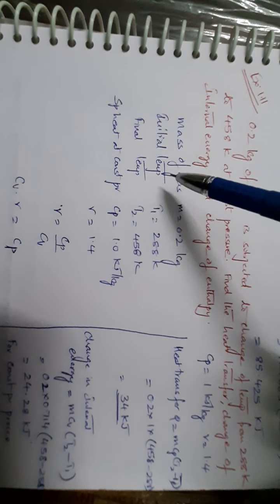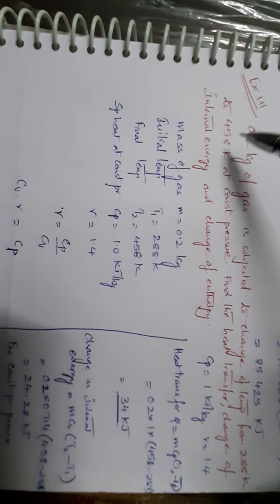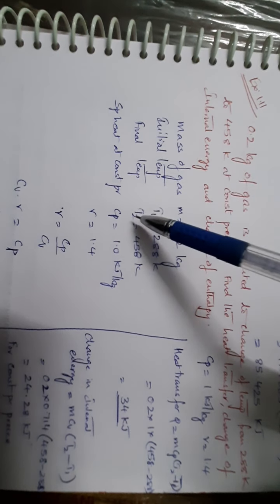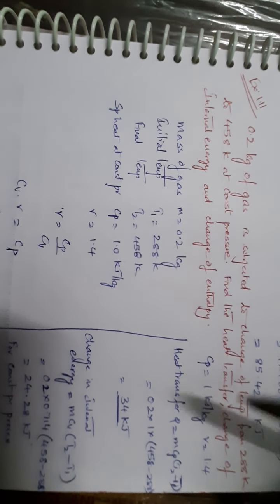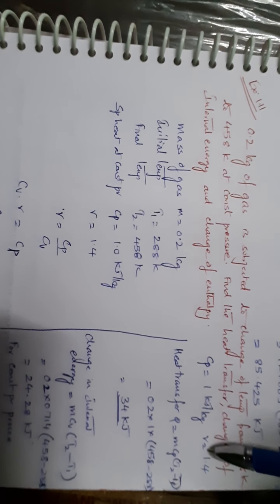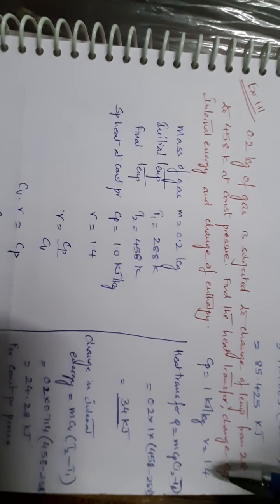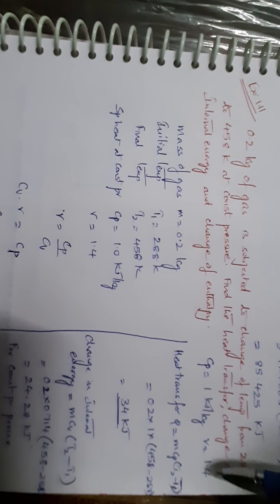The mass of the gas is 0.2 kg, the initial temperature T1 is 288 Kelvin, and the final temperature T2 is 458 Kelvin. The ratio of specific heats, gamma, is equal to Cp by Cv, the specific heat at constant pressure divided by the specific heat at constant volume.